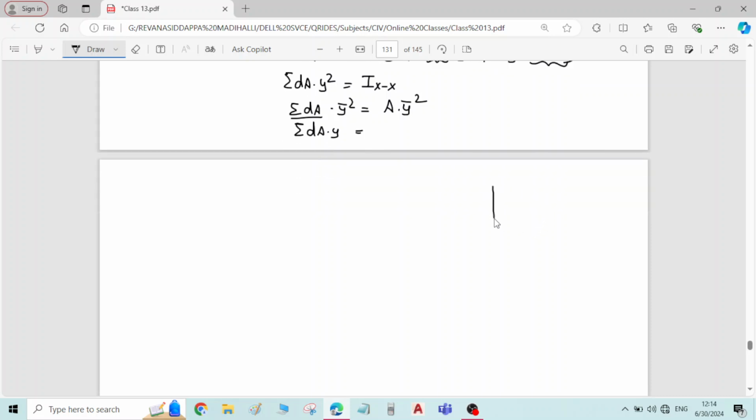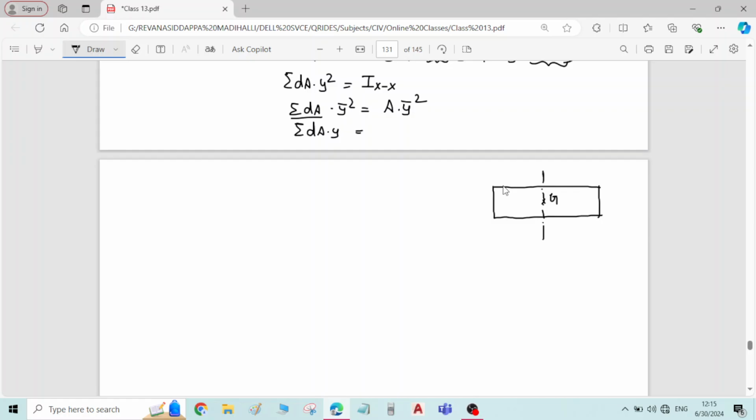What I will do is consider a rectangular area. Let me take G as the centroid of that rectangular area. Now I'll divide this rectangular area into two parts.